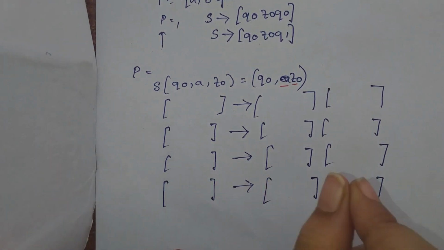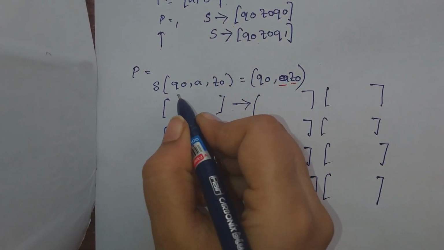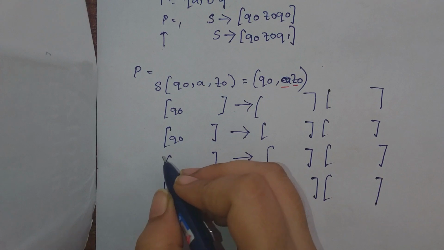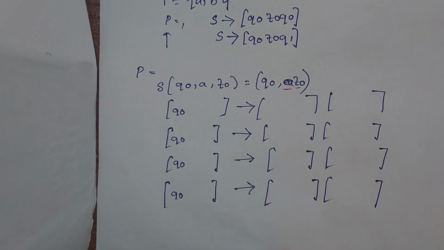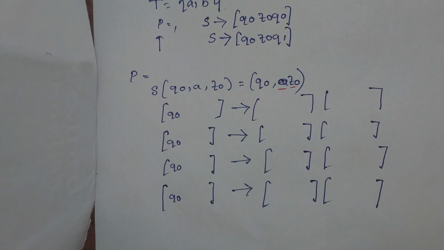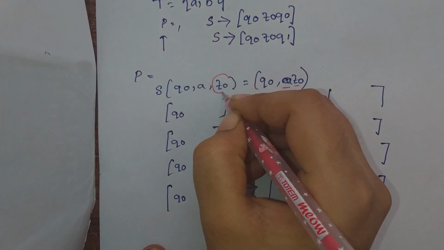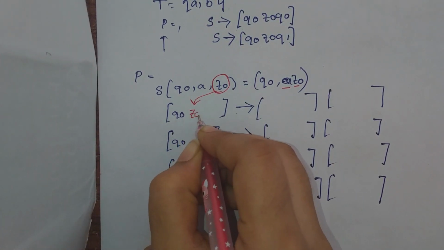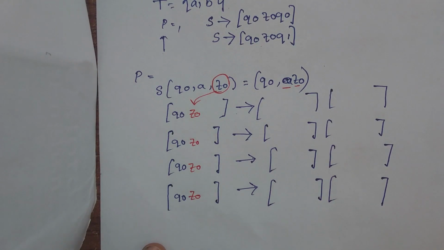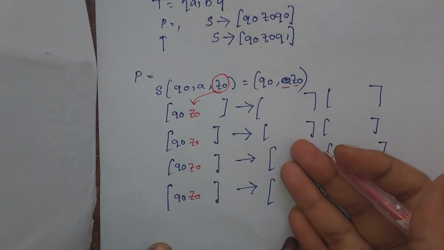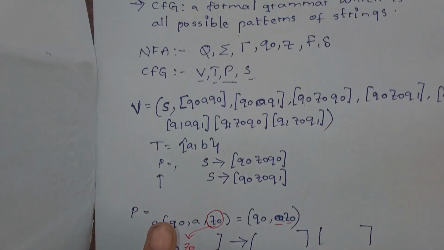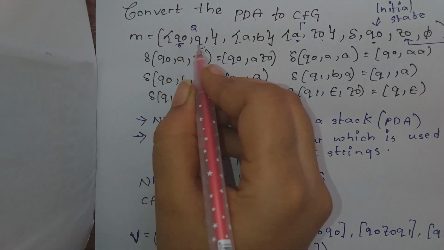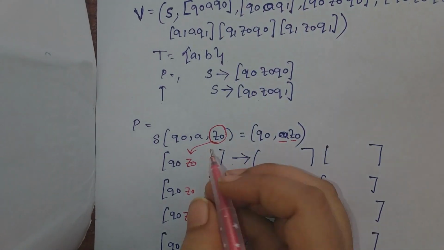So we'll get 4. Now we should write the first symbol, which is Q naught. So for all 4 we'll write Q naught. And after that, we will write the end of the first symbol on the left hand side in between. Now we have two states, Q naught and Q1. Only two states.